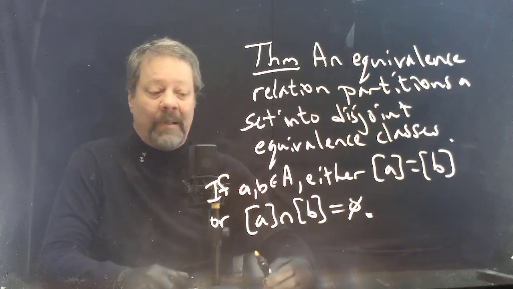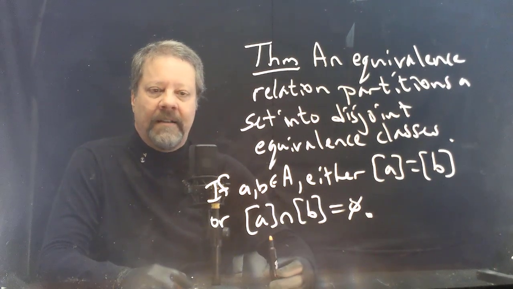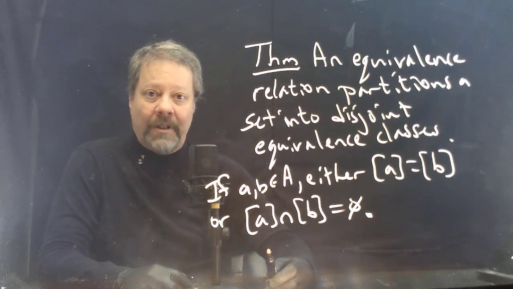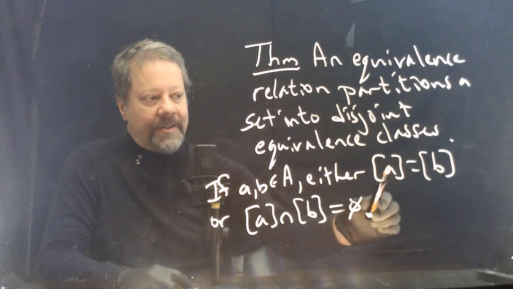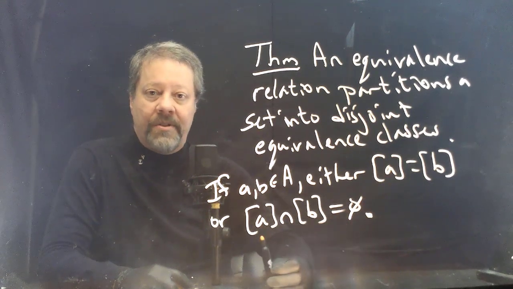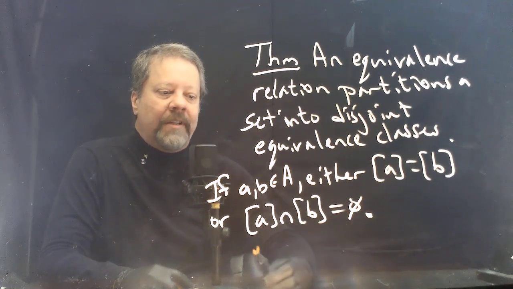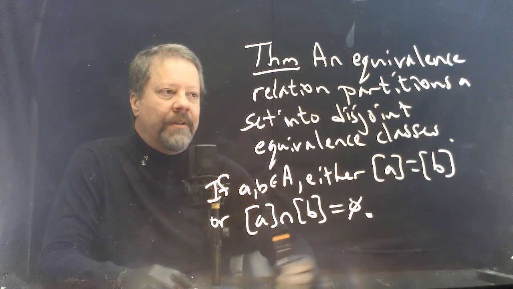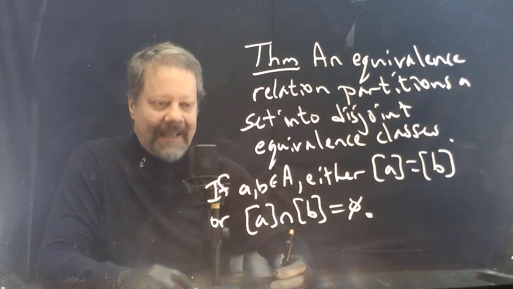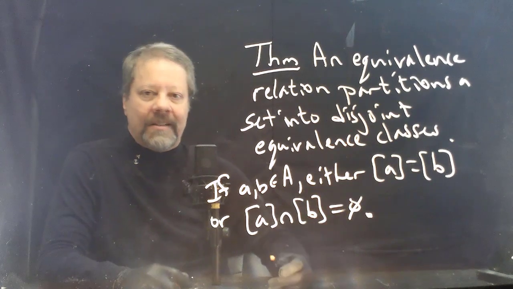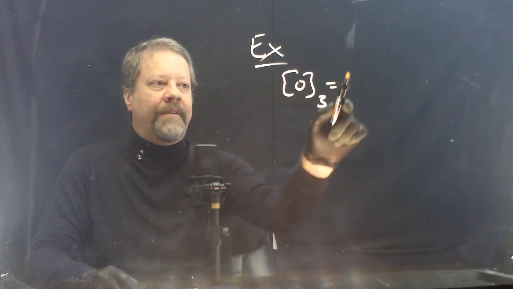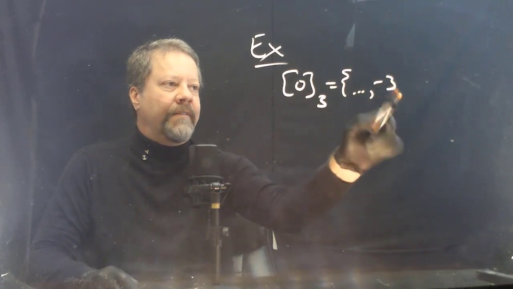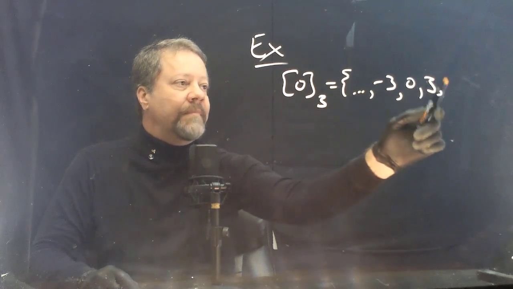Now every element belongs to an equivalence class. The entire set A is the union of all of the different equivalence classes, and equivalence classes are either equal or disjoint. And so the set of equivalence classes forms a partition of the set A into disjoint equivalence classes. As an example, 0 mod 3 is the set -3, 0, 3, and so on.